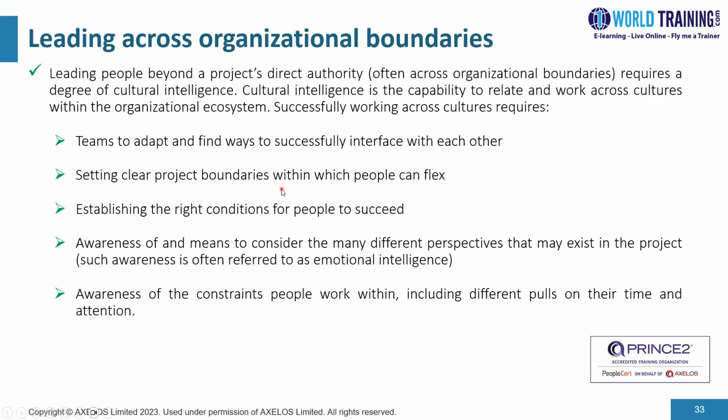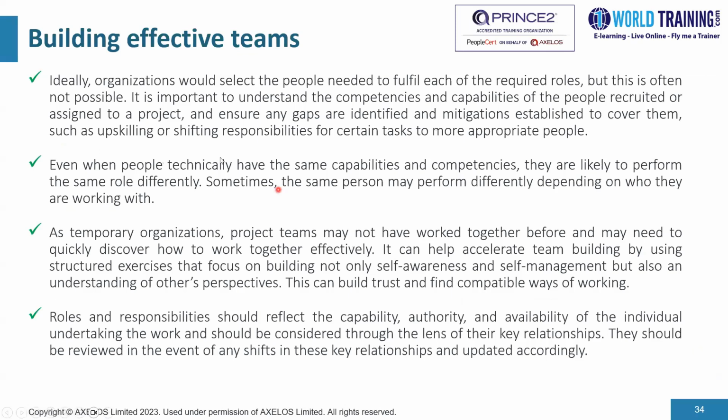A little bit about building effective teams. Now, ideally, organizations would select the people needed to fulfill each of the required roles, but this is often not possible. It's important to understand the competencies and capabilities of the people recruited or assigned to a project and ensure any gaps are identified and mitigations established to cover them, such as upskilling or shifting responsibilities for certain tasks to more appropriate people.